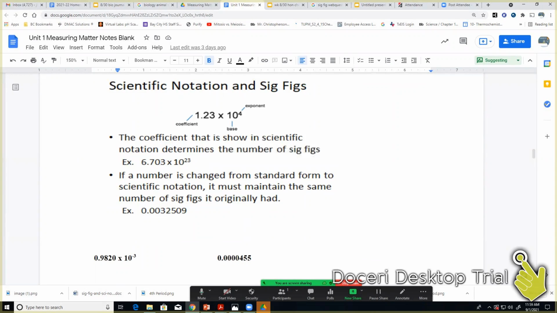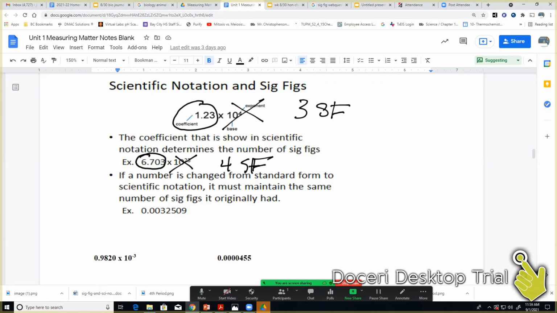But if you're looking at a number that's already written in scientific notation, your sig figs come from the coefficient, not from the base or the exponent. So this one would have 3 sig figs. If I looked at my next one, once again, I'm only interested in the coefficient, so that would have 4 sig figs.